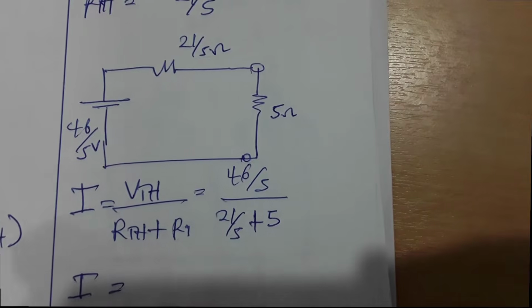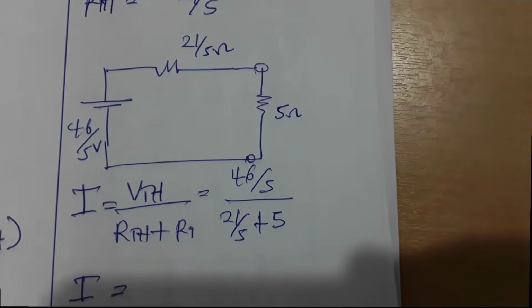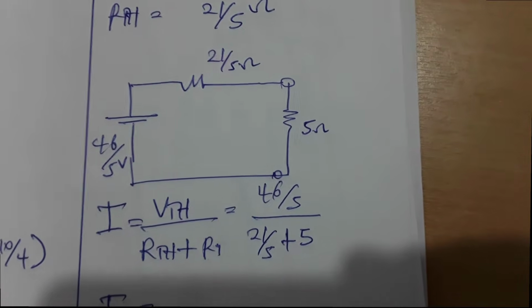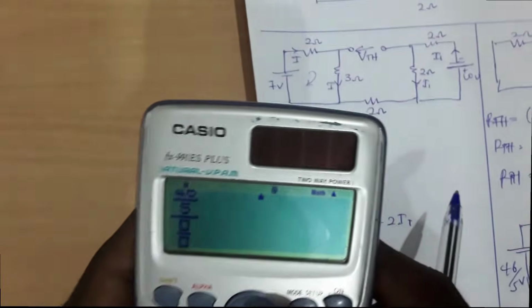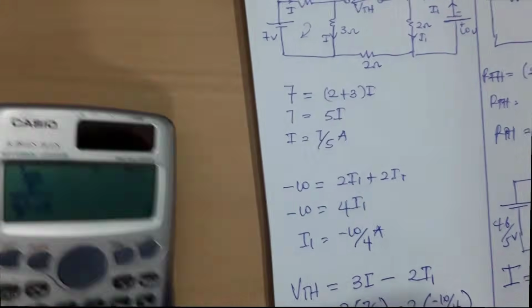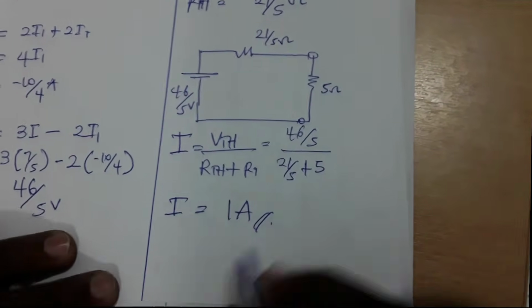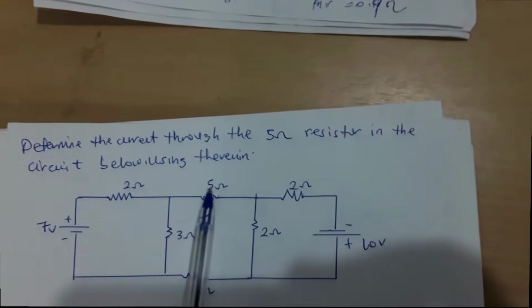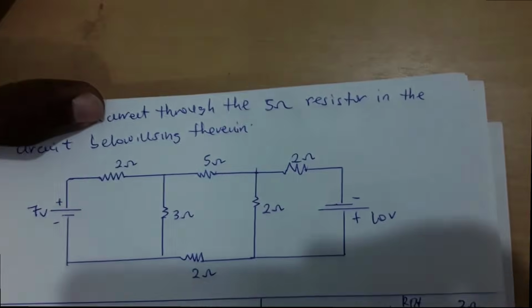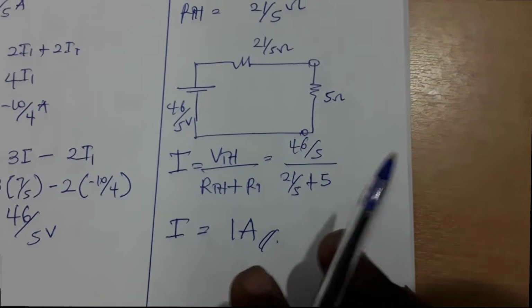So it should be 46 on 5, just 21 on 5 plus 5. That should give us 1 ampere. So you can conclude that the current flowing through this 5 ohm resistor is 1 ampere.